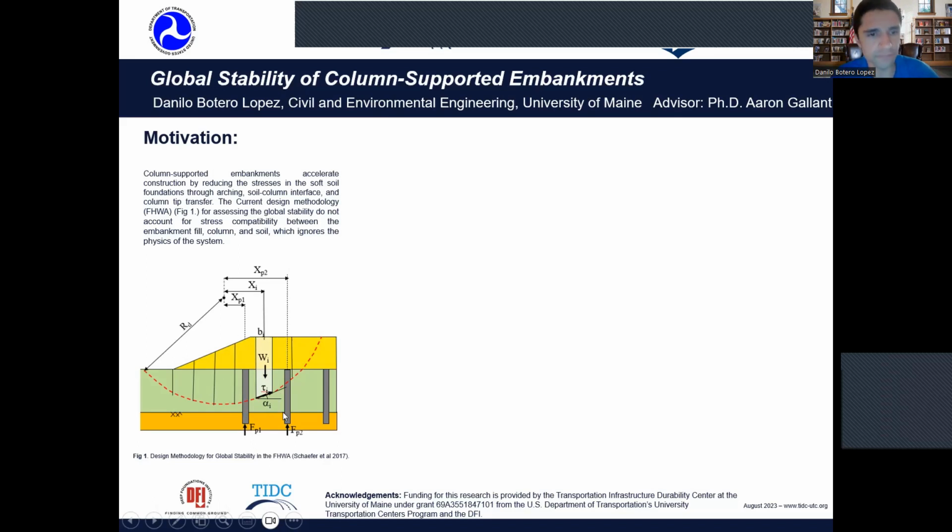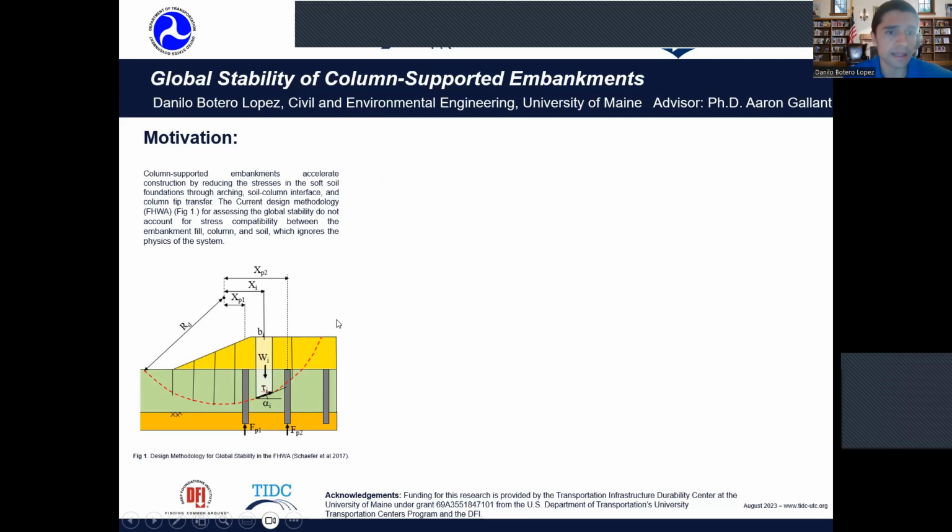So this mechanism helps to alleviate these stresses, also helping with the global stability and also protecting adjacent structures. So this is a very important construction method to improve the soil or to alleviate the stresses.